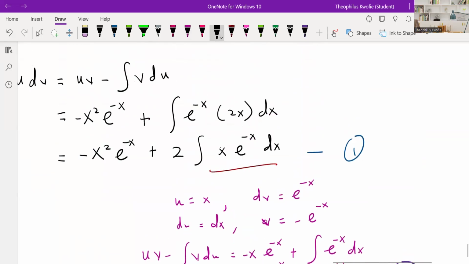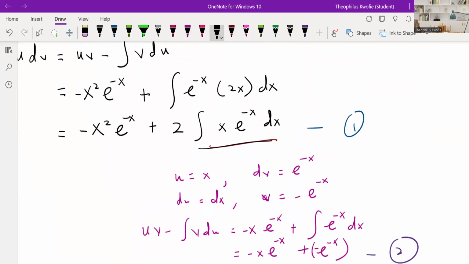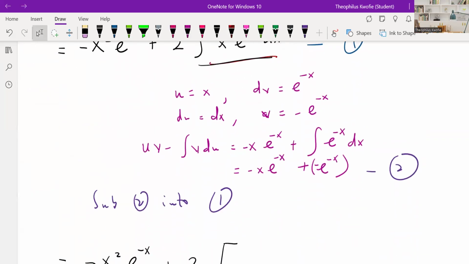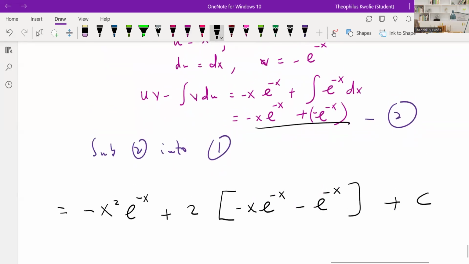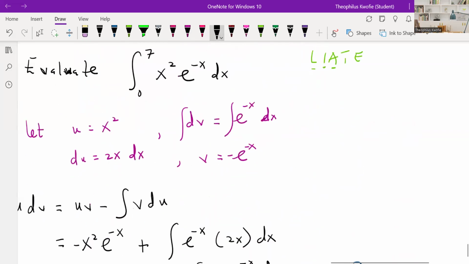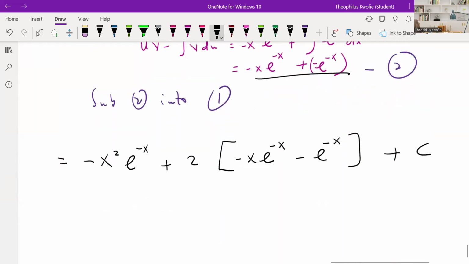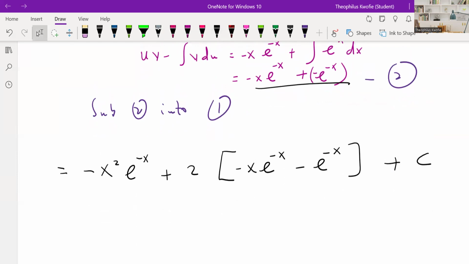Remember, the whole of this integral is what yielded this, so I'm just replacing that. So minus x e to the power minus x minus e to the power minus x. Is that okay? Then plus a constant c. We can treat it that way, and later you will understand what we are trying to do. So we have this.